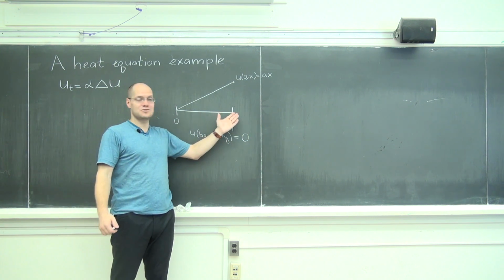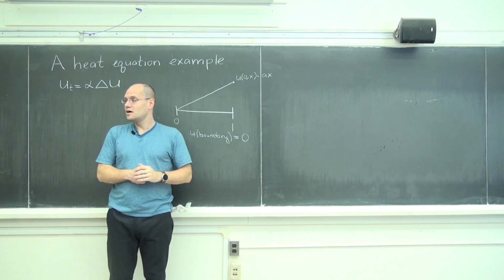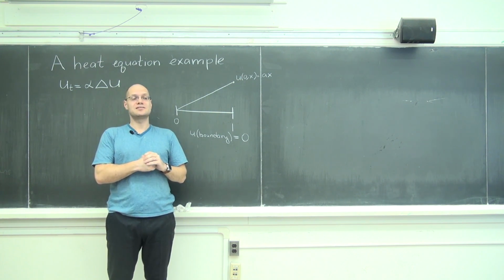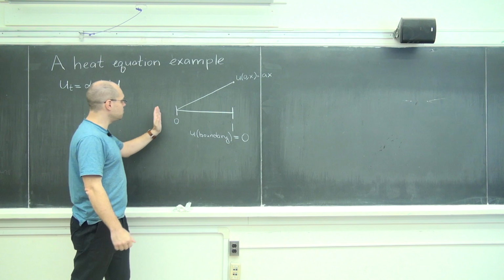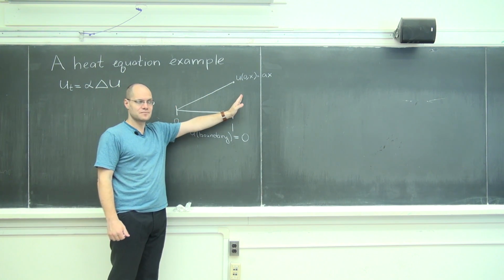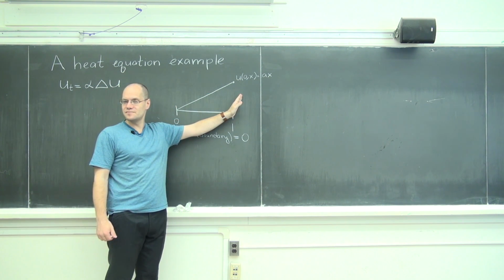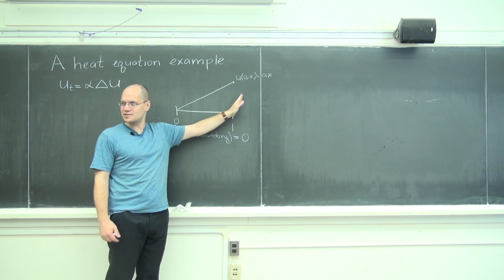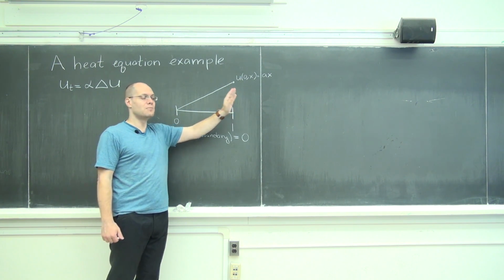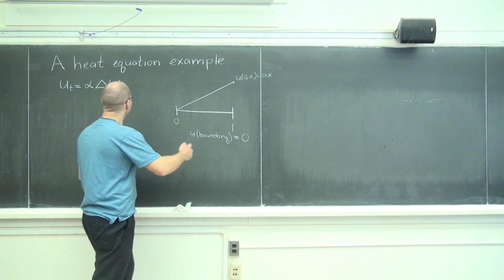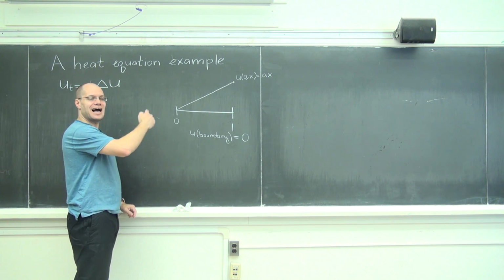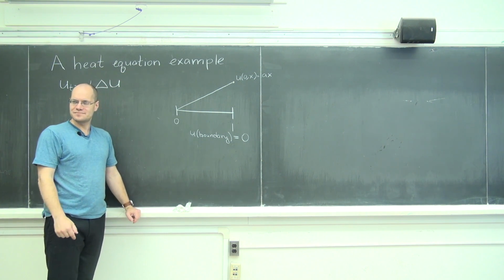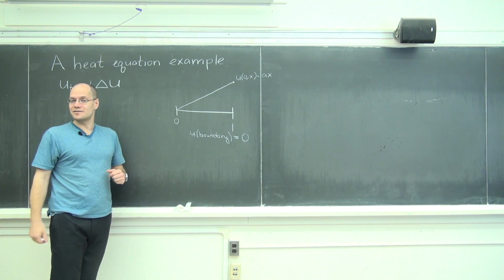So let's see if we actually get this if we pursue our standard recipe. Our standard recipe is to decompose the initial condition into a Fourier series in terms of sines. We could do it in the complex sense, but let's just stick to sines. They work just as well here. Multiply each one of them by e to the minus alpha eigenvalue times t, and add them all together.